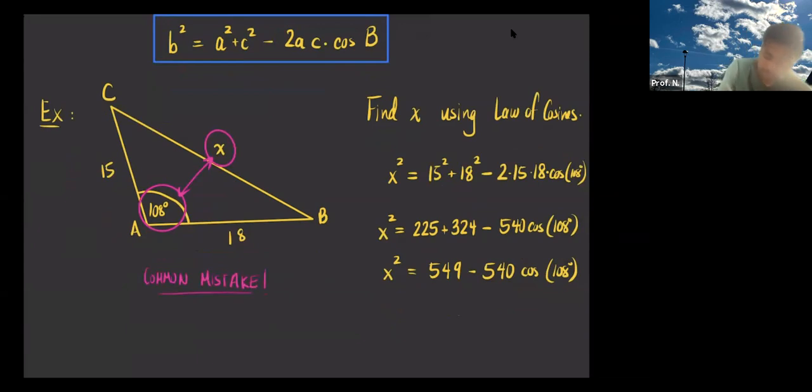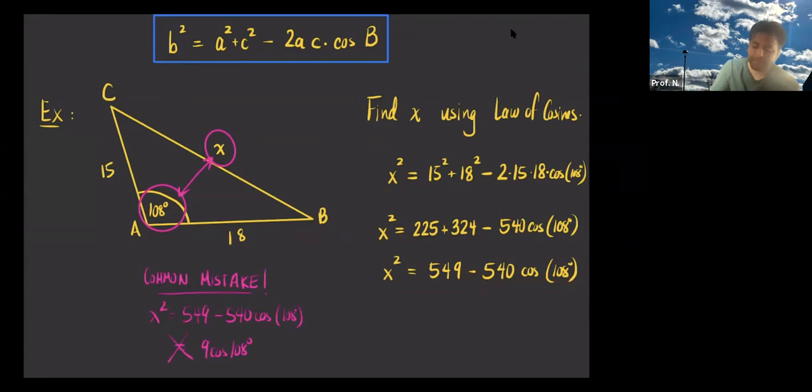The common mistake is to say, oh, X squared is equal to 549 minus 540 cosine of 108 degrees, and then they say, oh, this is 9 cosine 108 degrees. This is wrong. You can't subtract. Why not? Because 540 is multiplied first to cosine, then you subtract. PEMDAS.